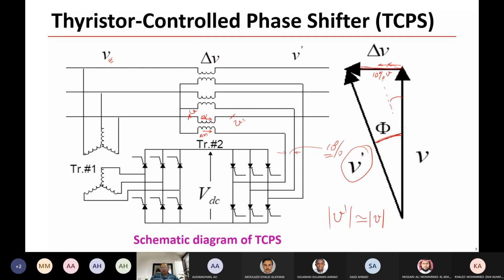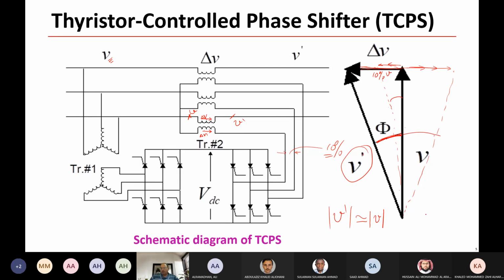If you control the magnitude of delta V, you control this angle. And if this is a positive angle, you can make it also a negative angle by having delta V in the opposite direction like this. And this can be easily done through this switching mechanism here.